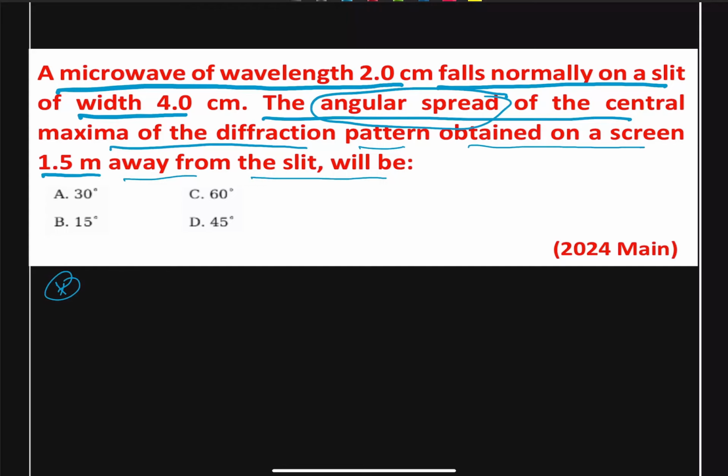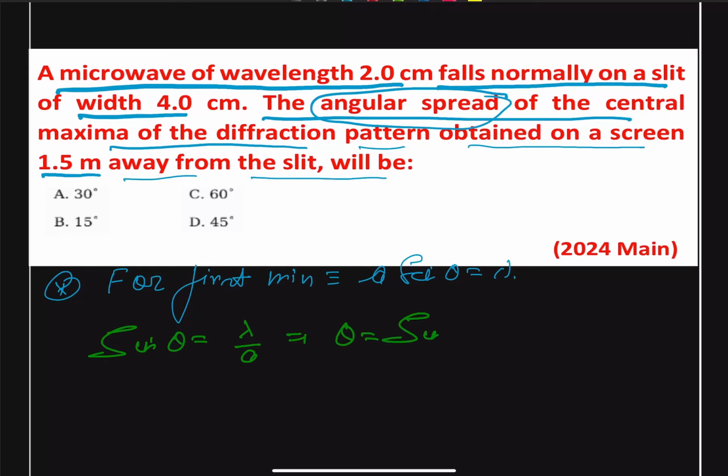So you can say that for the first minima, a sine theta will be equal to lambda, or we can say that sine theta is equal to lambda by a, which gives us that theta is equal to sine inverse lambda by a.